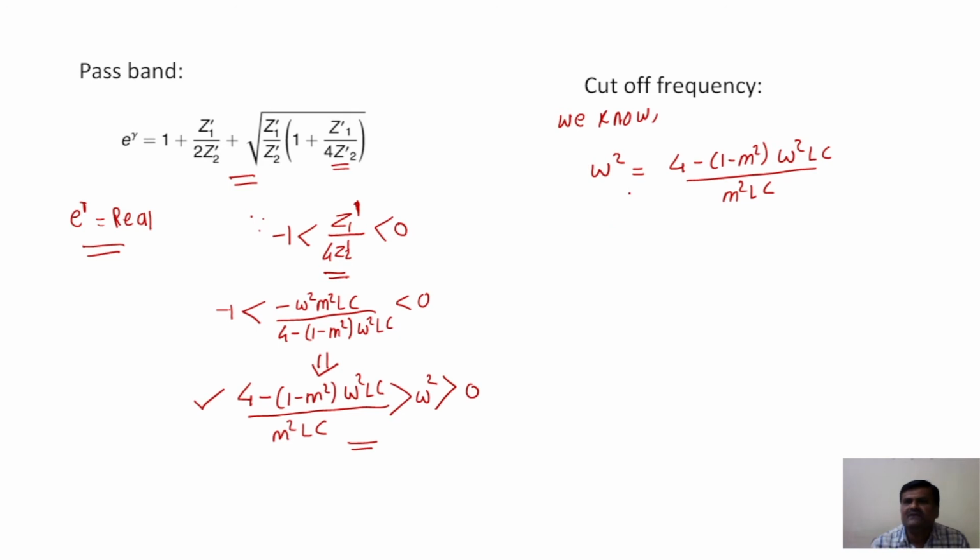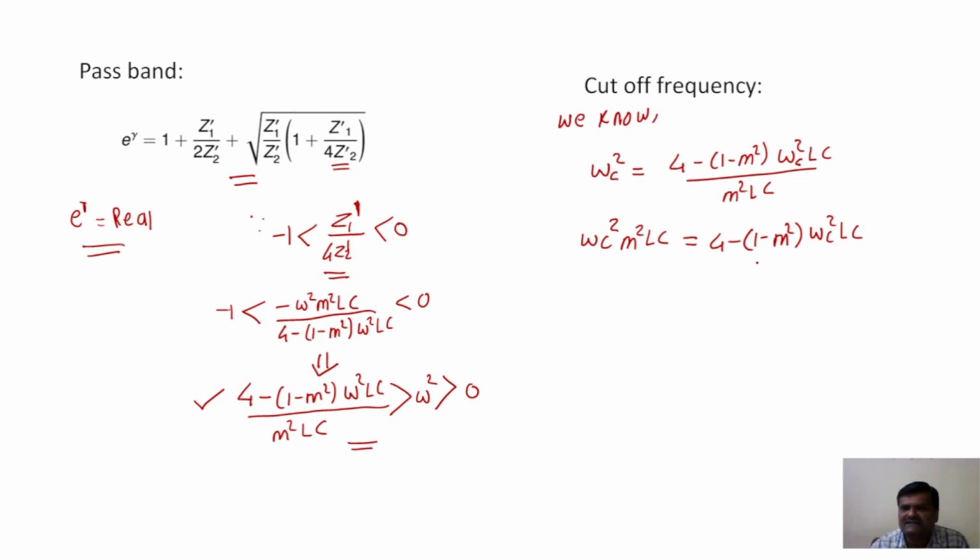So we are going to find omega c. So I call this omega c square also. So right here omega c square m square LC equals 4 minus 1 minus m square omega c square LC.